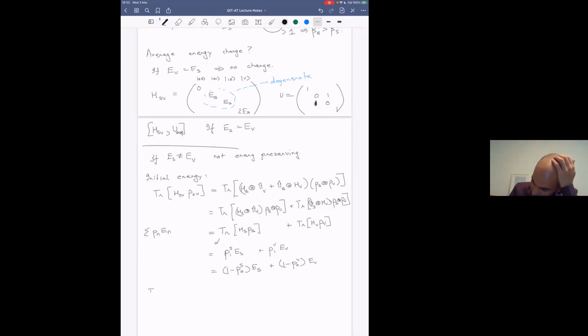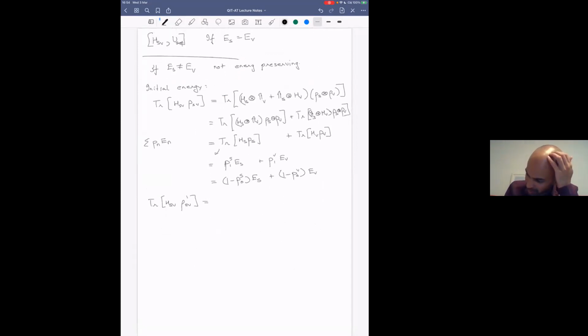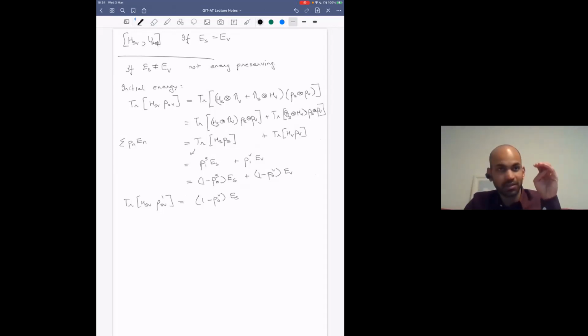Now I can go through this the same way and find what is the final energy, so rho SV prime. And I go through the same steps, and I'm going to end up with the same result, except that the populations on the different energy eigenstates have just been flipped. And so in the end, what I'm going to get is 1 minus P0V times ES, because the population now on the excited state of the system is what used to be the population on the excited state of V in the first place.